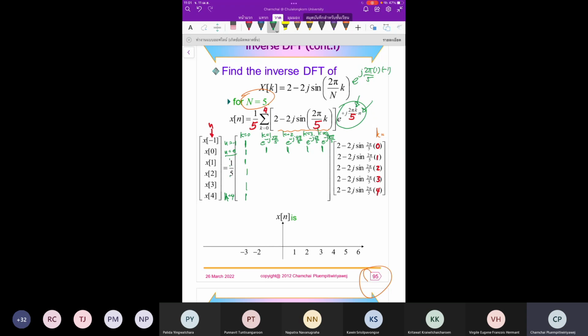And this is pretty much you fill in the blank here. This is k equal to 1, n equal to 1, so it's e to the j 2 pi over 5, right?